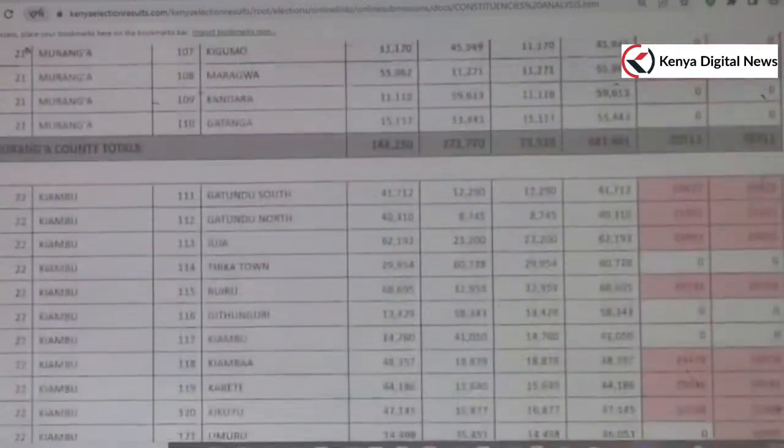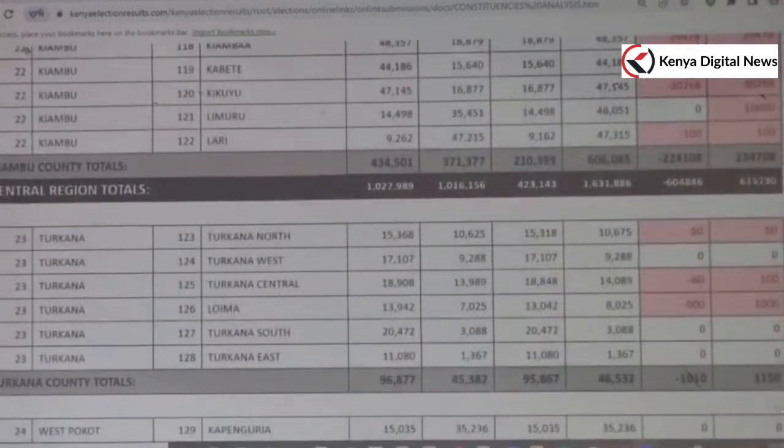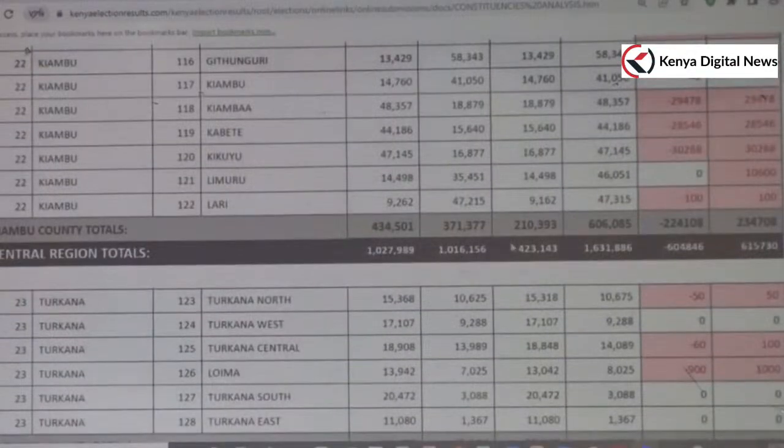Now, we come to Central Province. Now, in Central Province, we have against Dr. Ruto's 1.6 million votes, while when we add onto the other side, Jacob should be having 1.027 million votes, and Dr. Ruto million votes.